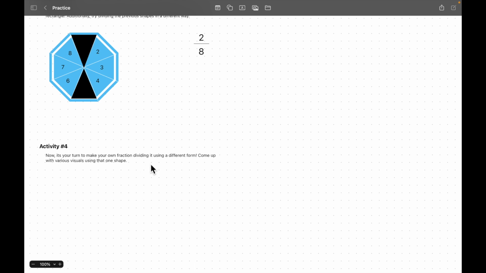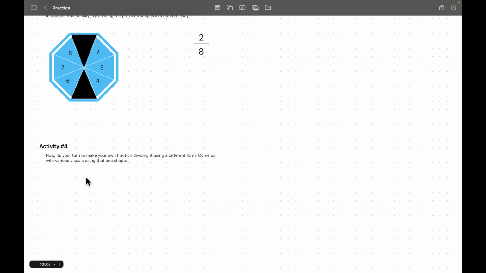Knowing that we can use different shapes to represent a fraction, we can also divide the shape into different forms. The question says, now it's your turn to make your own fraction, dividing it using a different form.